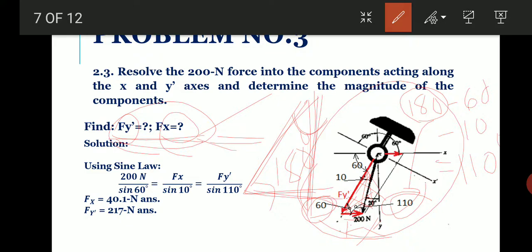Okay, now using sine law, we get the correct answer of 40.1 Newton and 21.7 Newton.